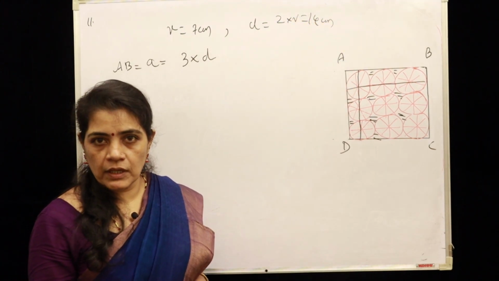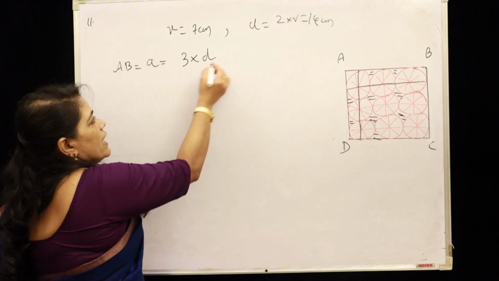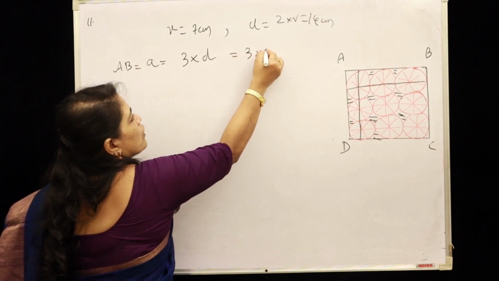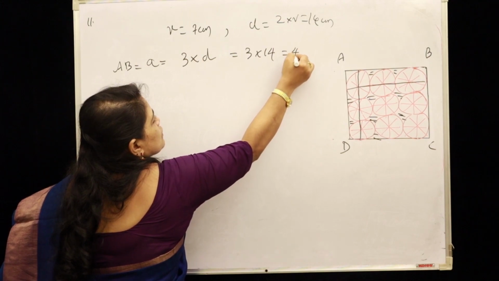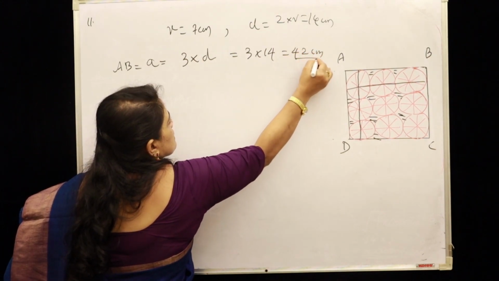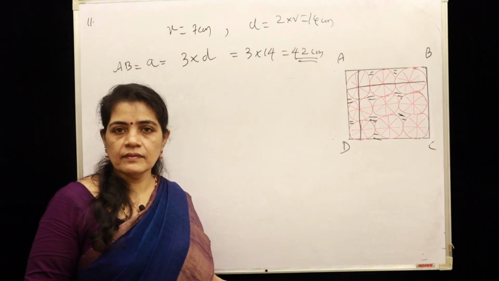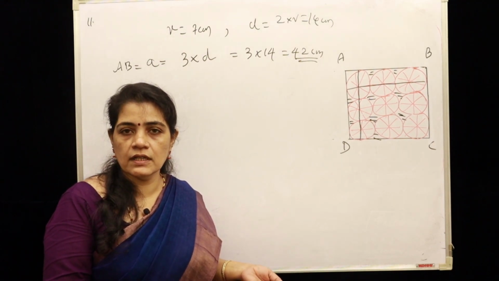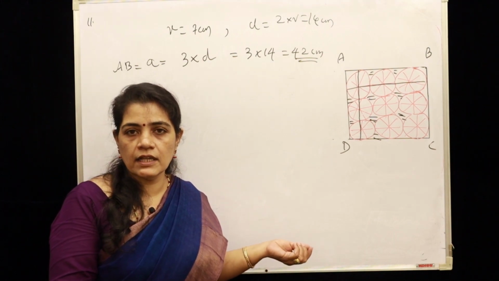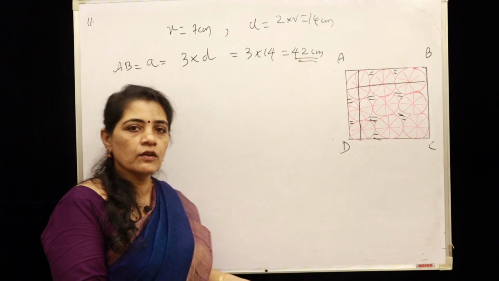So the side will be 3 into 14, which is equal to 42 centimeter. This is the side. The next is very simple; the radius of the circle is 7 centimeter. Then the next step is simply the calculation.